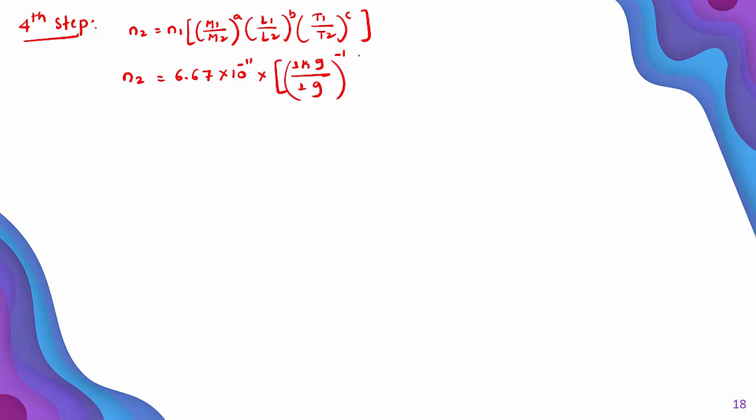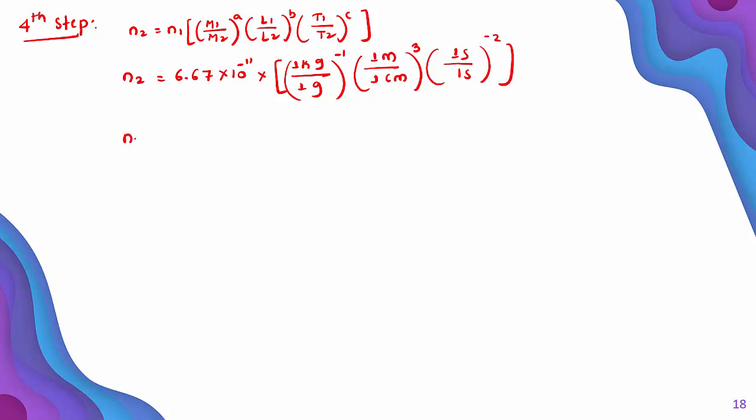A equal to minus 1. Similarly, L1 by L2, 1 meter divided by 1 centimeter raised to, B value is 3, into T1 by T2, 1 second over 1 second raised to, C equal to minus 2.